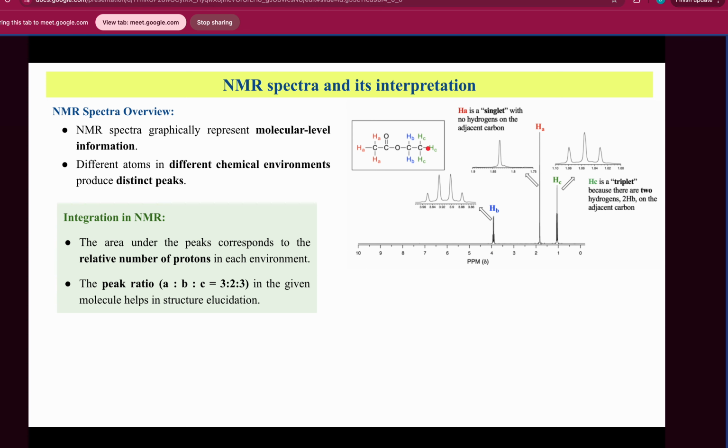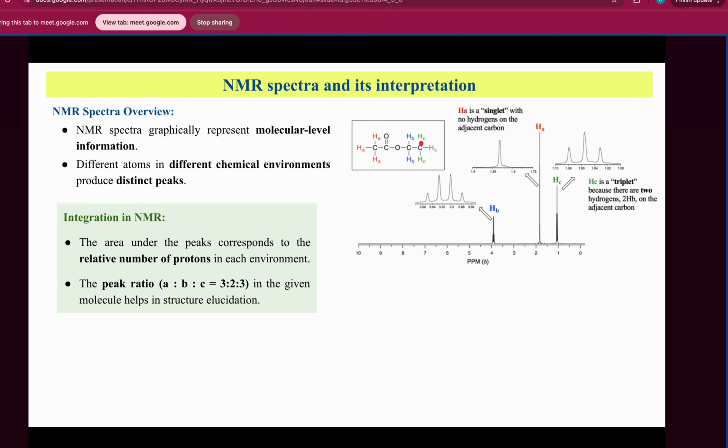In this case, first of all, whenever you obtain the NMR spectra, it tells you what the distinct or unique types of hydrogens present in the molecule are. Here we observe three peaks, which means there are three unique hydrogen types with distinct chemical environments.